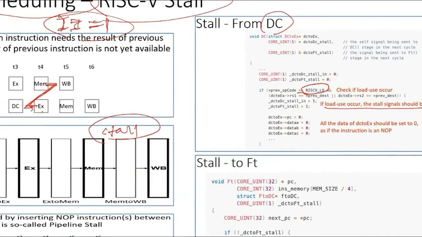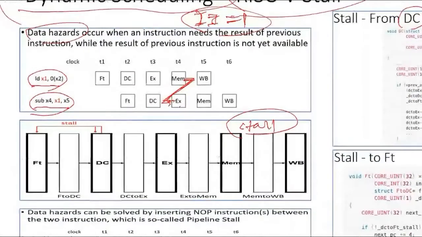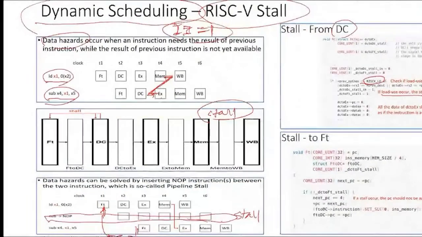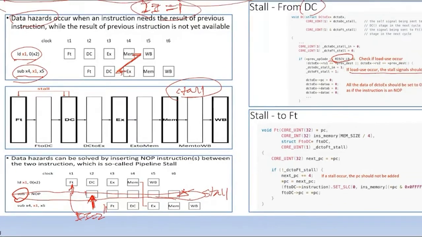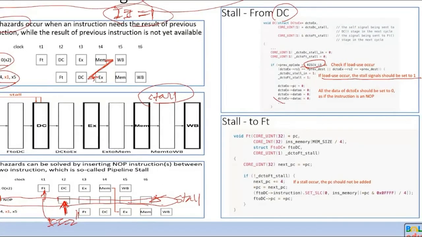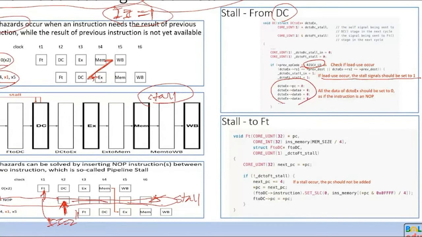So you will do two things. You have to emulate this pipeline behavior. If the pipeline is stalled, actually this subtract operation is already fetched and going to the decode stage. So what you need to do is make the following pipeline stage a no-op.